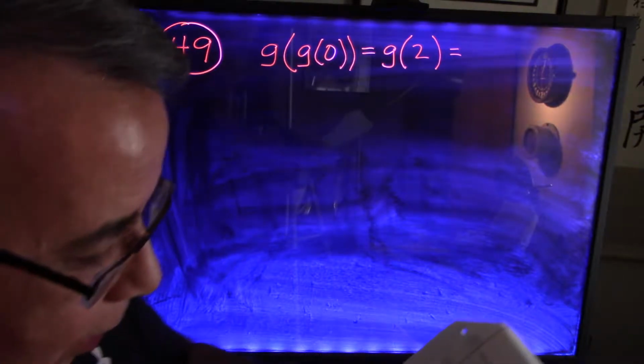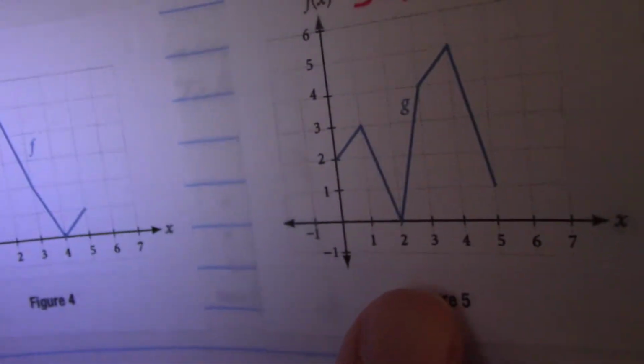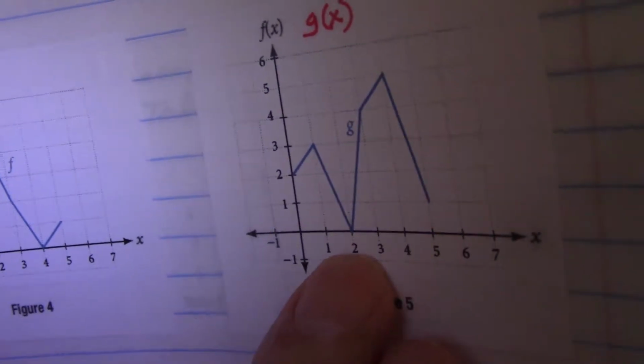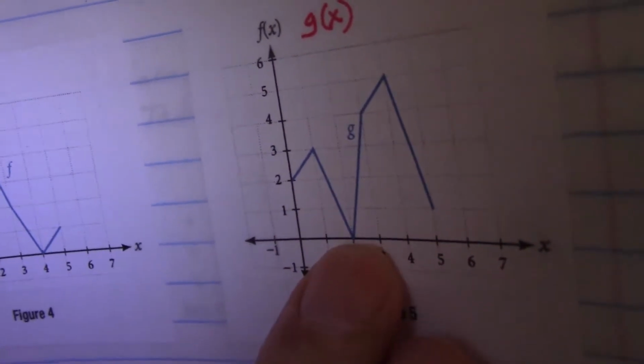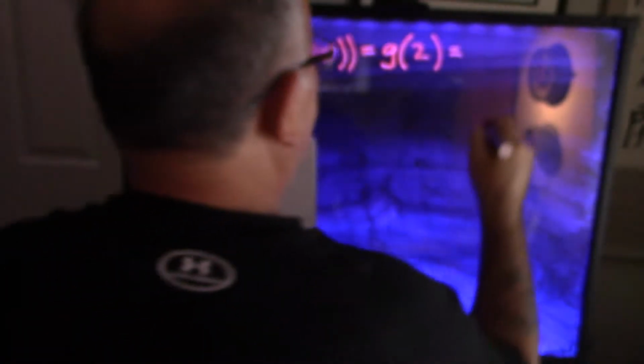Okay, now what's g of 2? Again, look at the graph of g. G of 2, right? There's 2. G of 2 is the y value, which is 0. All right.